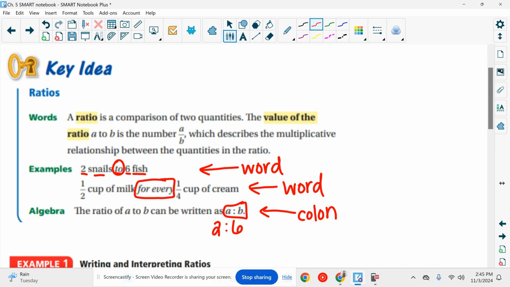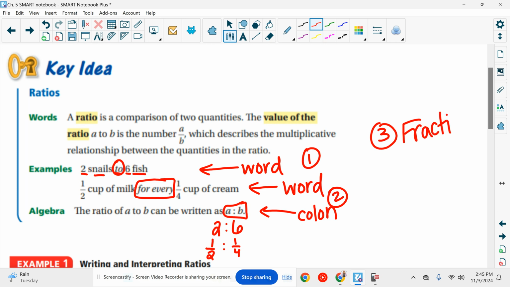Or if I wanted to write the milk to cream, I have 1/2 cup of milk to 1/4 cup of cream. So those are two ways, but there's a third and final way that we don't need to forget because this ties back into the value of the ratio. So this is one way, this is two ways, and then our third way is the fraction.